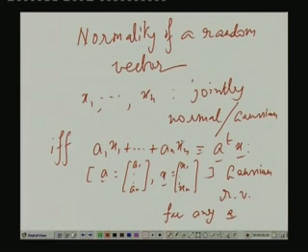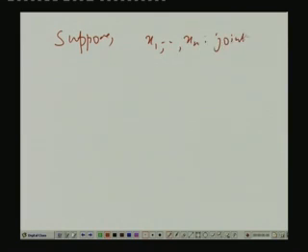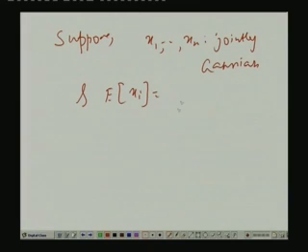All right. So, this is a general definition. Now, we will see that suppose x1 to xn are jointly Gaussian and E[xi] are 0 mean, to make life simple, for i equal to 1 to n.